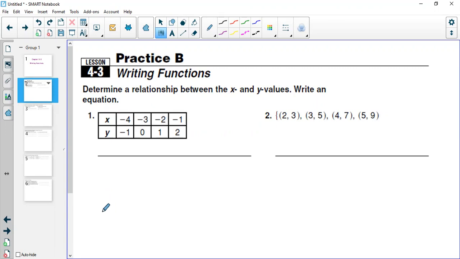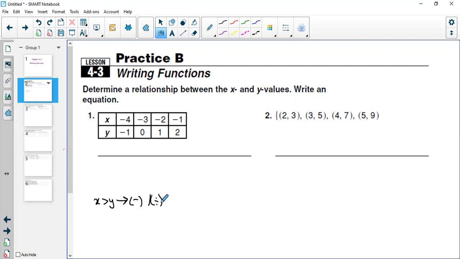If the value of x is greater than the value of y, then there has been a subtraction or division.